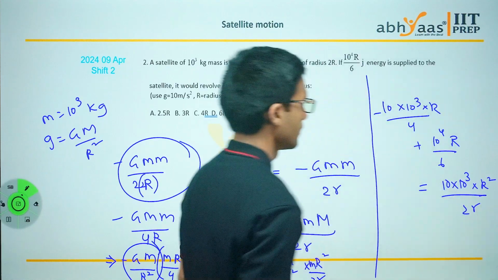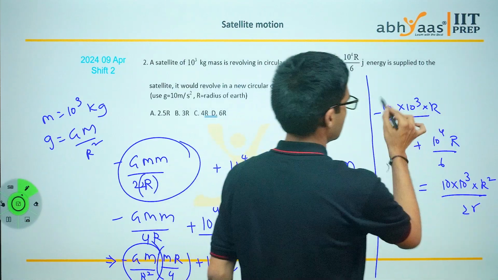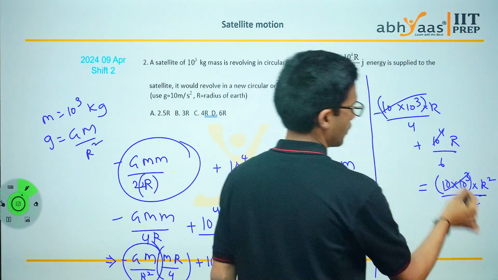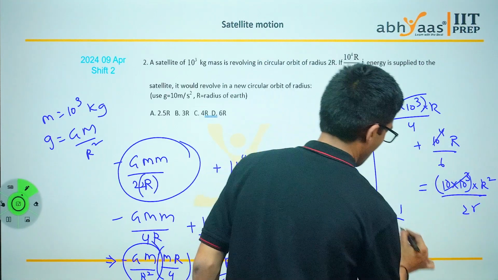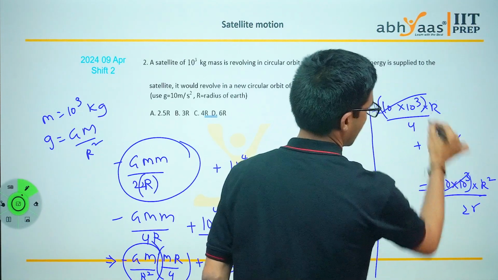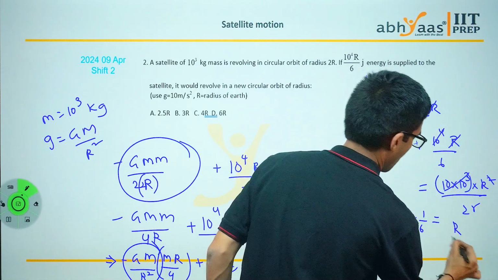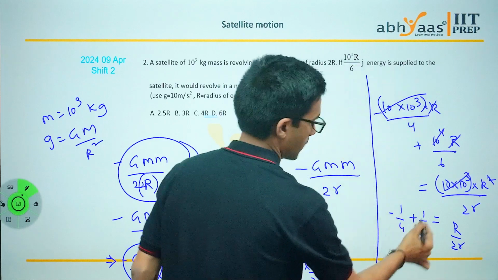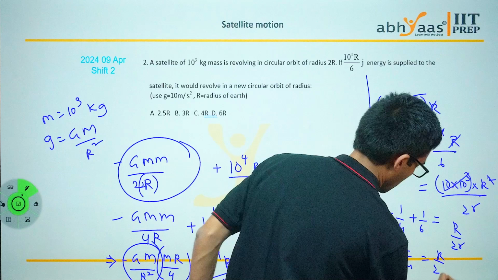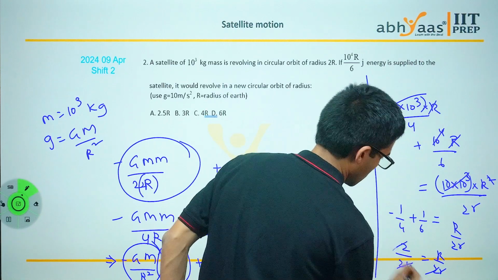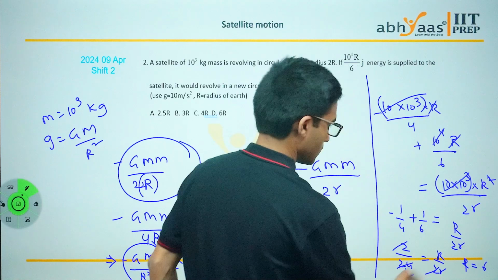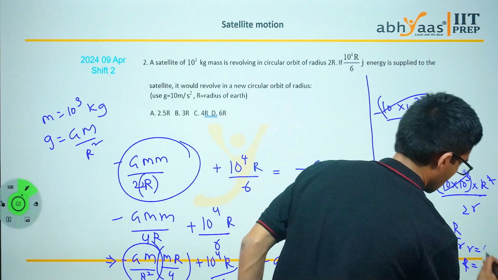Then you calculate 10 into 10 cube, this side also, 10 into 10 cube means 10 power of 4, minus 1 by 4 plus 1 by 6 is equal to, r also cancels here, is equal to r by 2r. So 6 minus 4 is 2 by 24 is equal to r by 2r. So 2 gets cancelled, small r is equal to 6r.